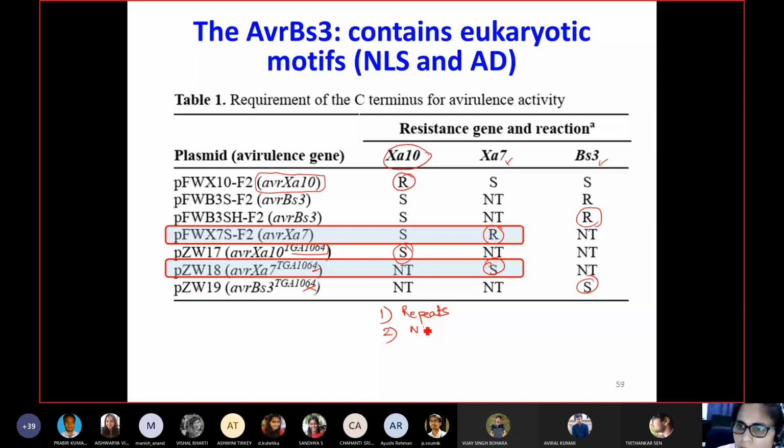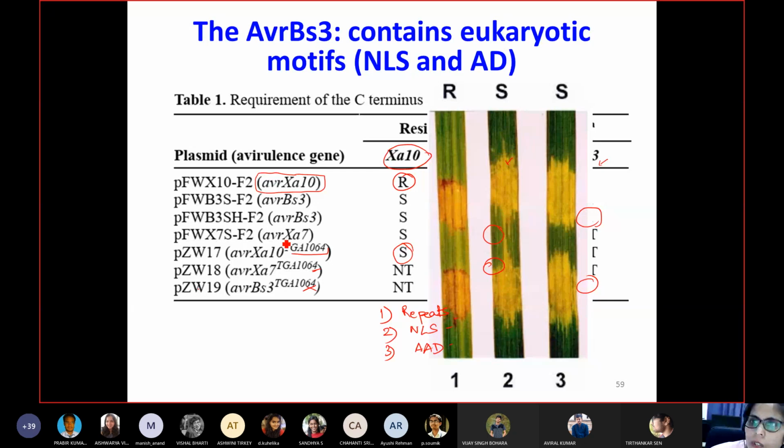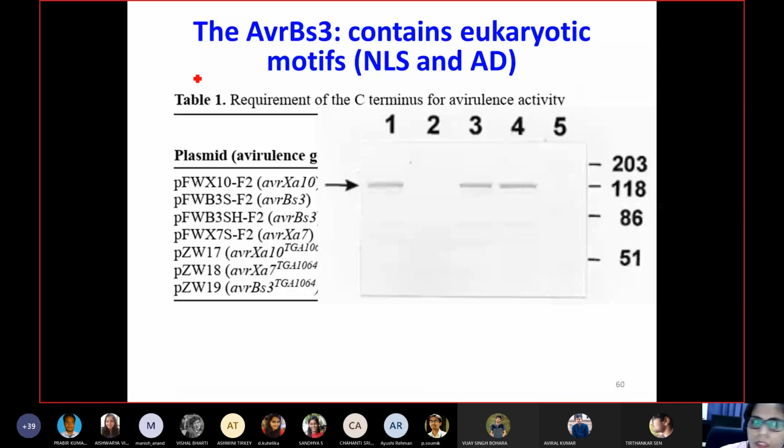this thing. So for example, this is the picture of how they got the resistance. This is the resistant gene, and this is the susceptibility response. The proteins they showed here, in lane 2 is a control.